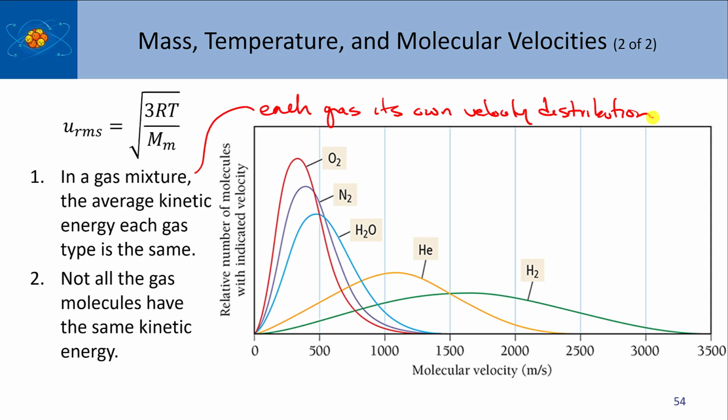Now, the other thing I wanted to point out, that one of the outcomes of kinetic molecular theory is, we don't think about this, but when you have gas molecules in a container, let's just say it's hydrogen gas, they don't all have the same kinetic energy. They have the average kinetic energy, which is the same as other gases at that temperature, but there's a distribution of velocities of the gases.